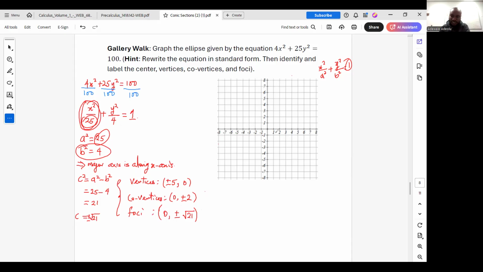So the center again is at 0, comma 0. Vertices 5, 0 here, negative 5, 0. So we have our major axis there. Co-vertices 0, negative 2, 0, positive 2. So our ellipse looks like this.